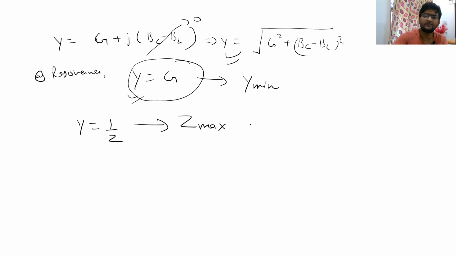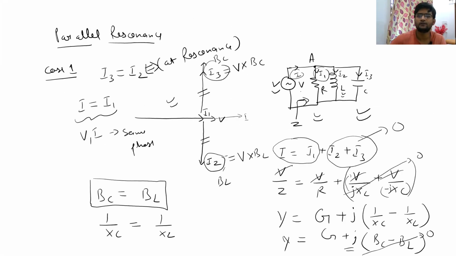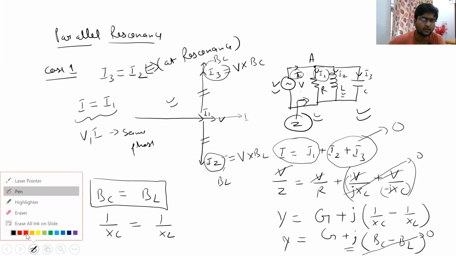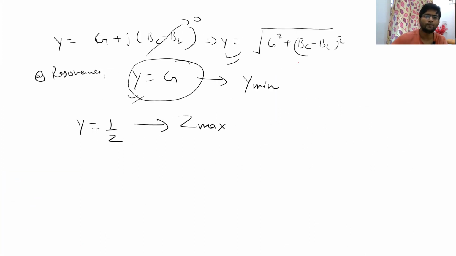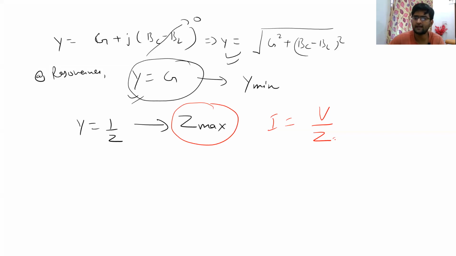Now, in the previous circuit, if you see here, this was your Z, the input impedance, and this was your current I and the voltage V that you applied. So you can say that I is equal to V divided by Z, and at resonance you are going to get Z as Z maximum. So what will happen to I? Will it be minimum or maximum?